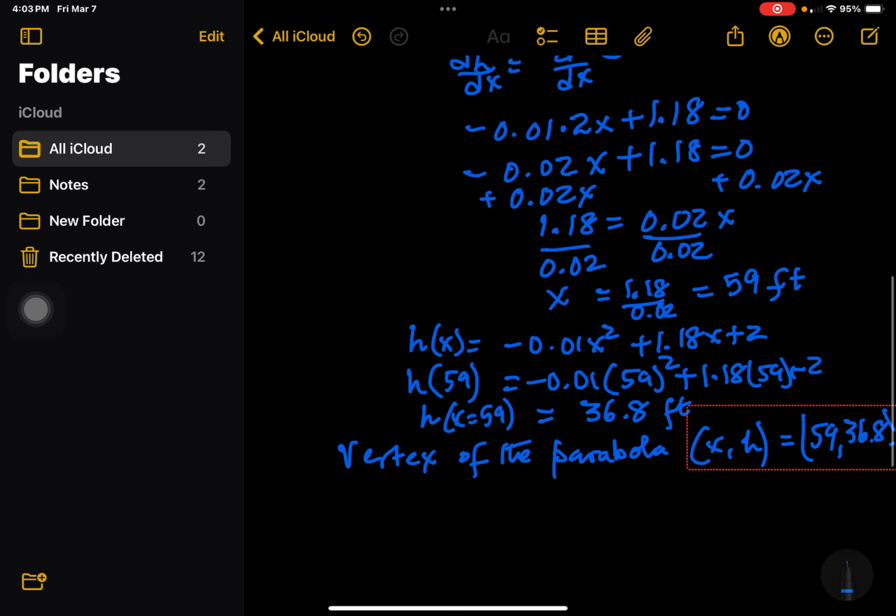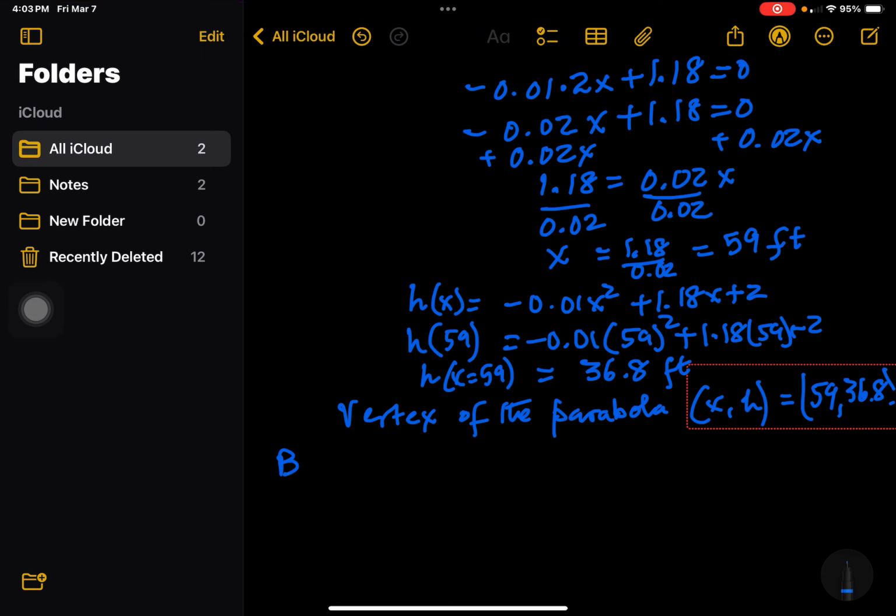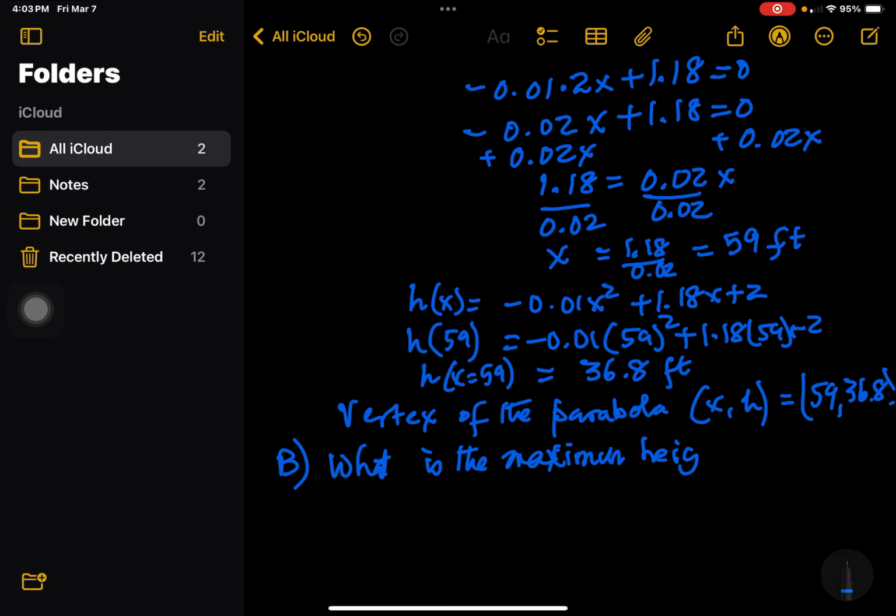Part B, what is the maximum height of the punted ball.